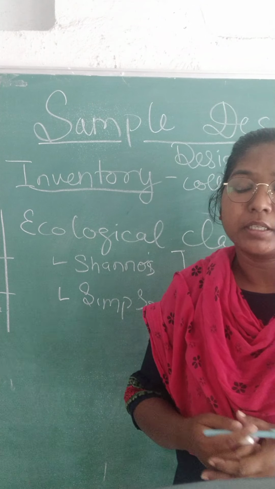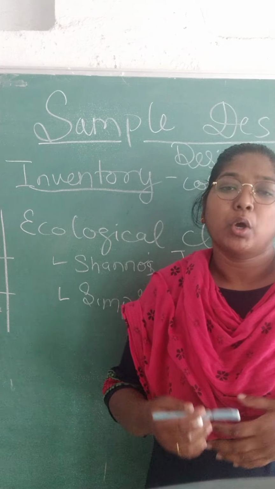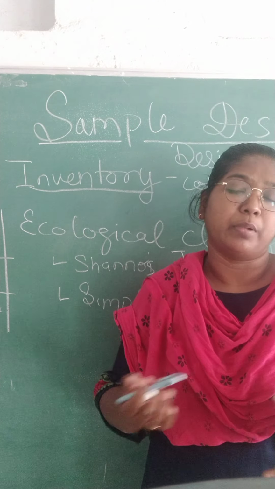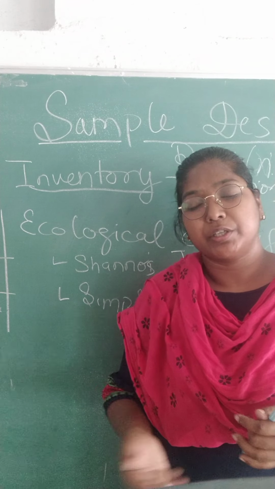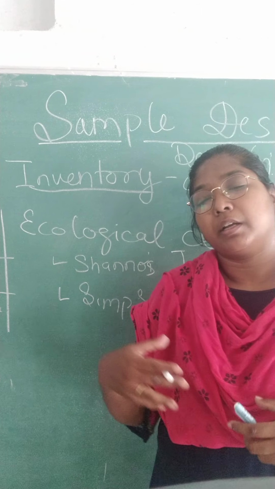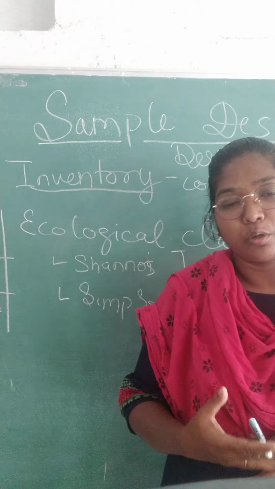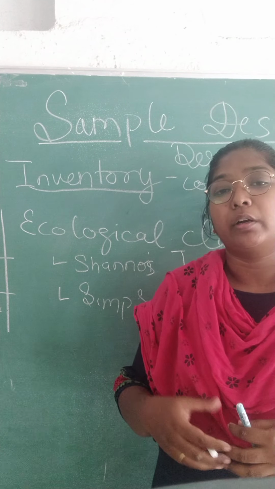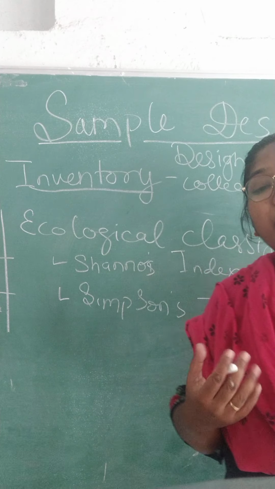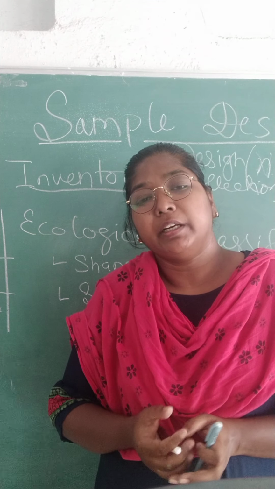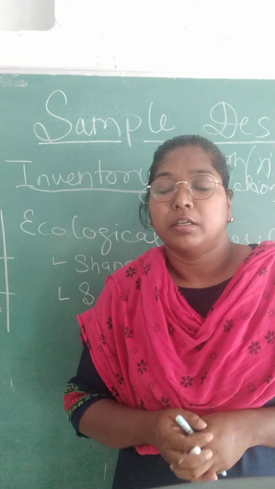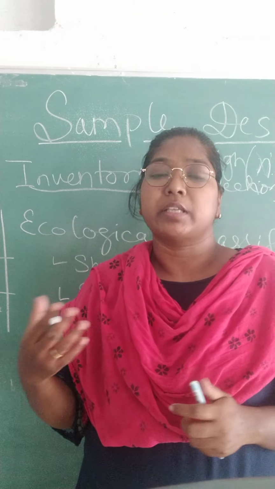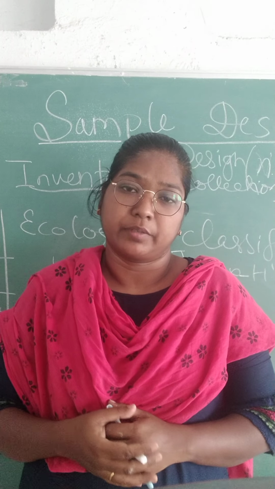In plant sciences, it could be vegetation inventory, in terms of composition of plants, richness, evenness. If we have to find out Raunkiaer's life form or composition, or different types of biodiversity index, then it is known as inventory, or you can say sampling of the data.